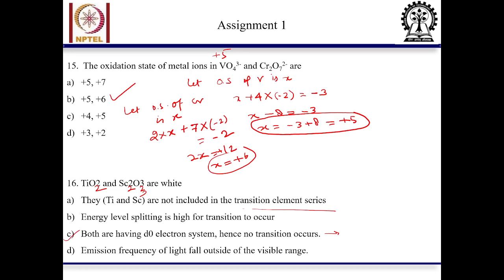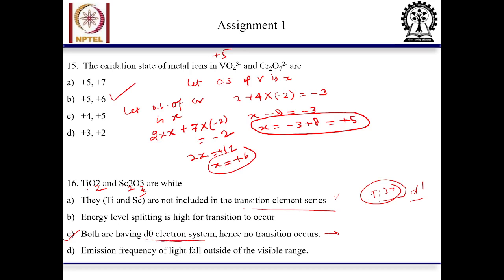in the transition element. That is incorrect, because titanium 3 plus is a d1 system, and it is in the transition metal element series. But the most important thing about a transition element is that it should have an incomplete d subshell, or you can say at least one unpaired electron in the d subshell.